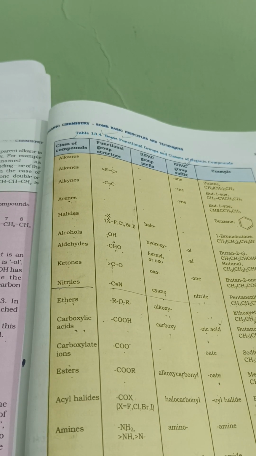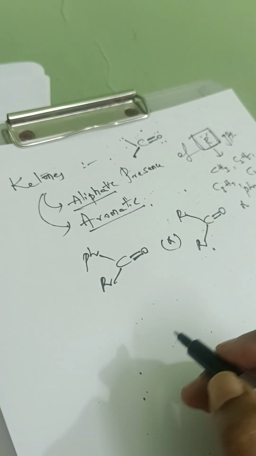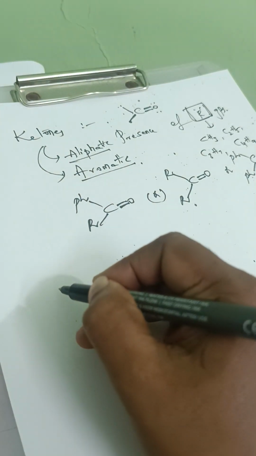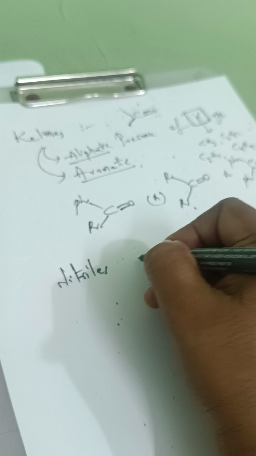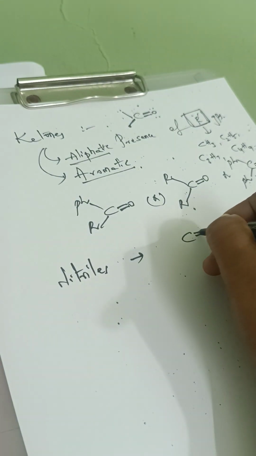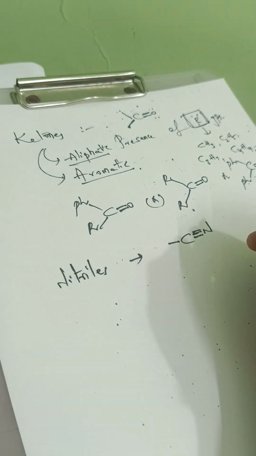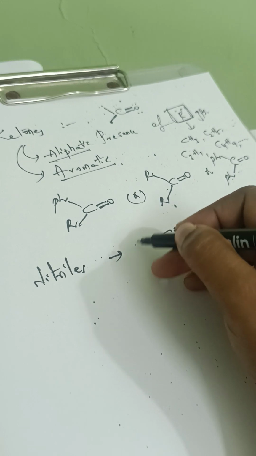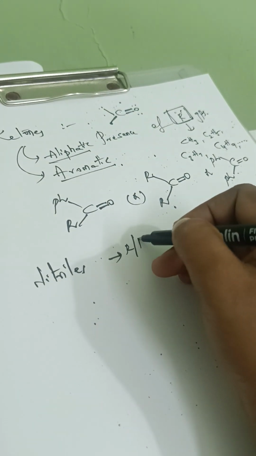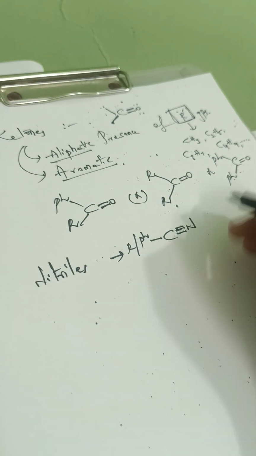Now you see nitrile. What is the functional group structure for nitrile? C triple bond N. Here one bond is there. The group may be alkyls or phenyls, so here also aromatic and aliphatic.